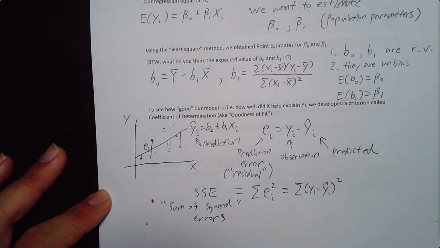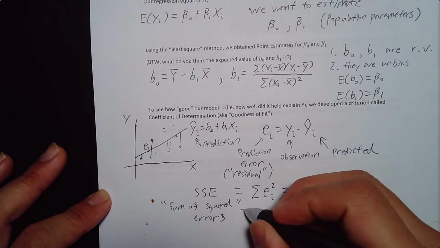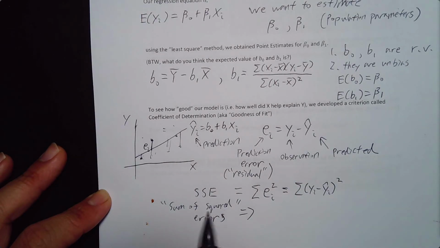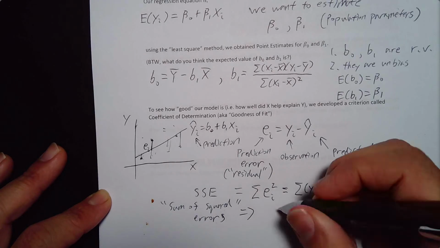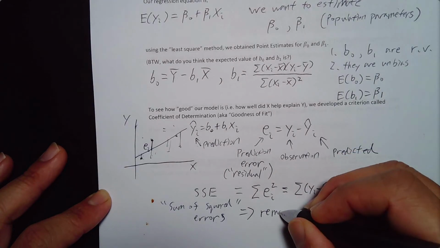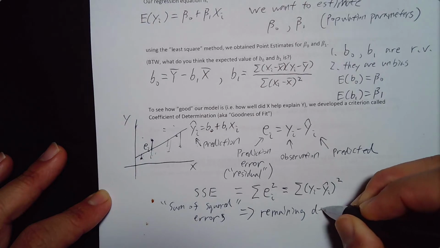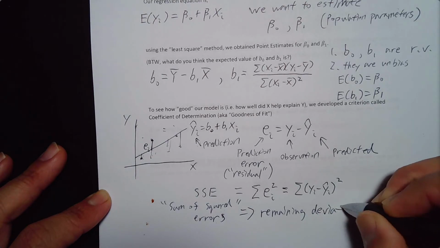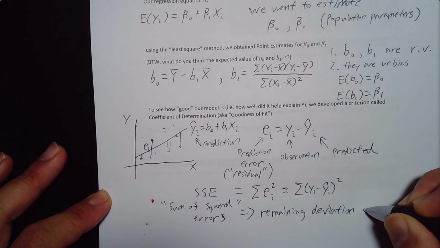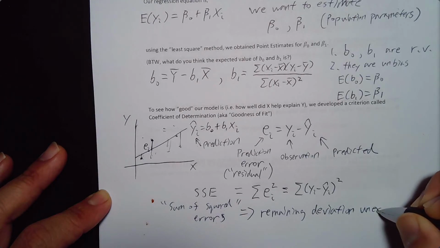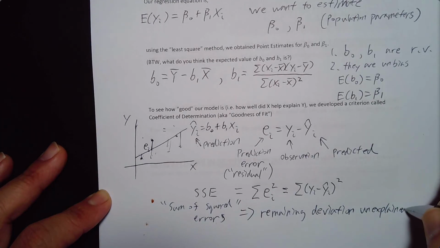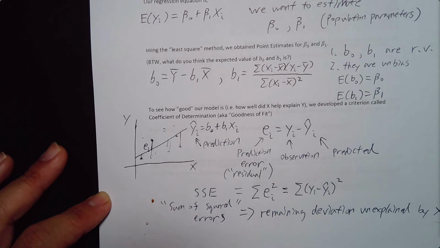Now, how should we interpret the sum of squared errors? These are the remaining deviations that have not been explained by x.